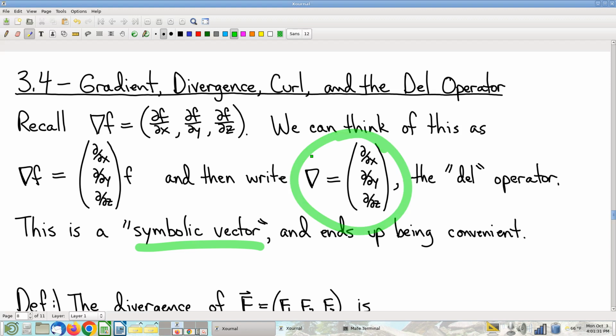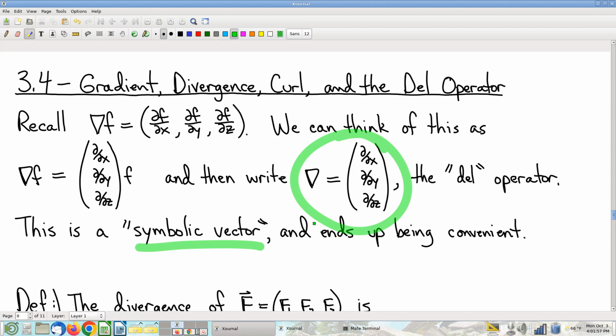But vectors are supposed to have elements that are numbers. D by dx, by itself, alone, is not a number. Right? So let that part slide. This is another one of these very convenient little crimes that's never going to lead us astray. So go ahead and let that slide.